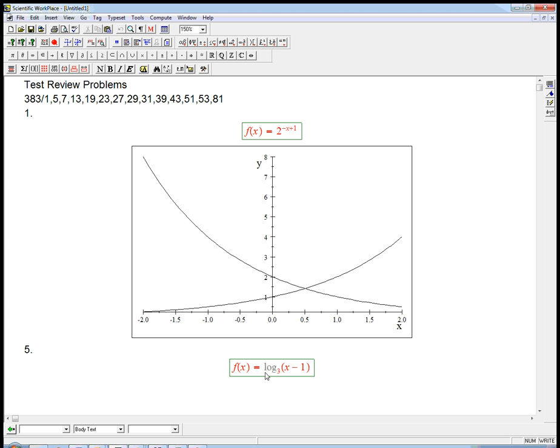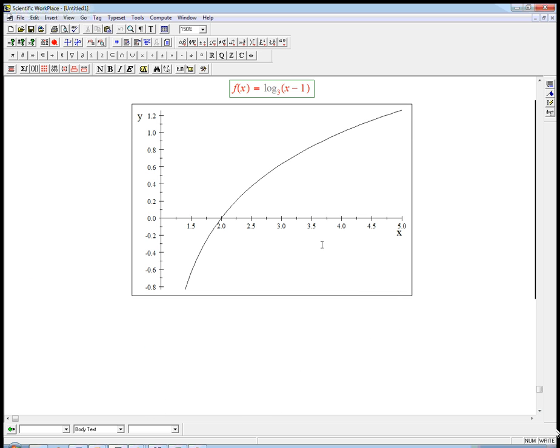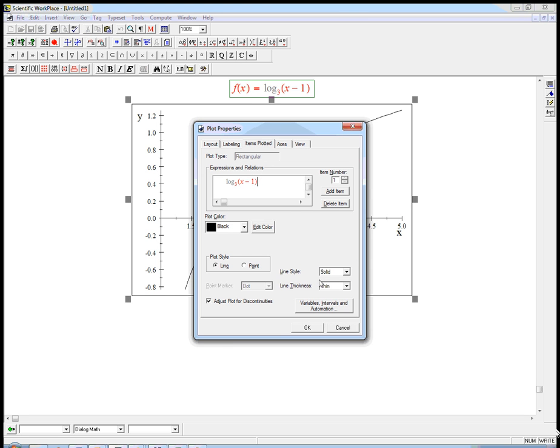Here, this is really a basic example because it's just a basic log graph and it's just shifted to the right by 1. And so you just have to be able to graph or recognize, if it's something where I give you the graph, the basic graph, and then shift it around a little bit. So let me change the x's a little bit.